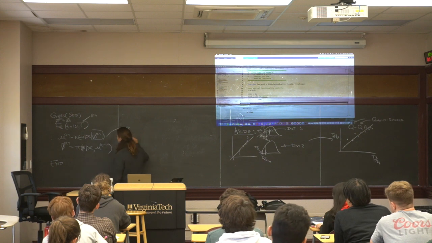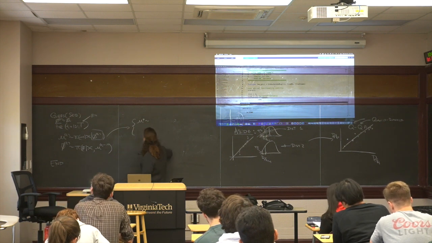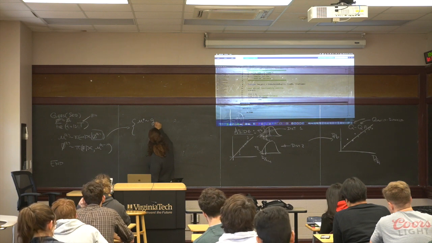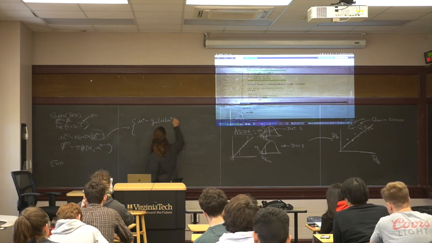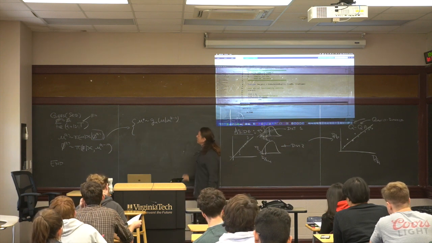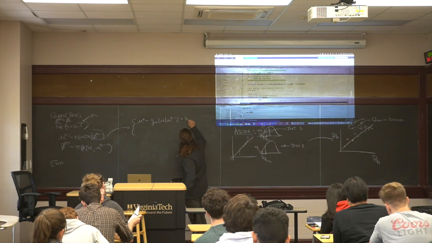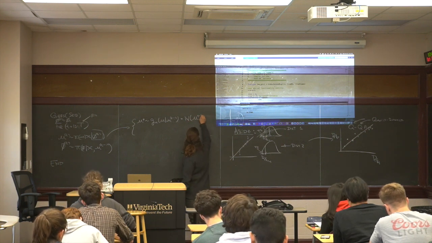So what you might do is propose a mu star. I'm going to take this from some proposal distribution, G of mu given mu t minus 1. Let me give you exactly what we've done in the code. This is going to be centered at mu t minus 1.